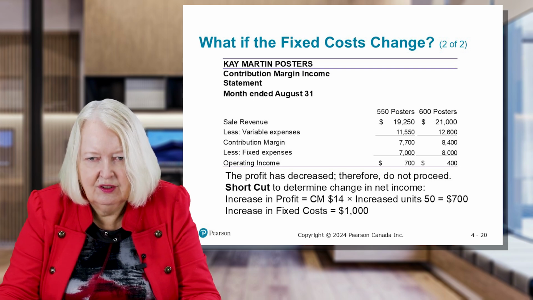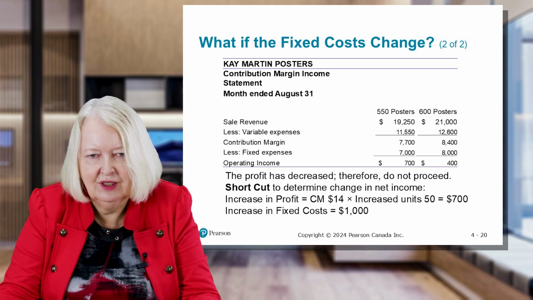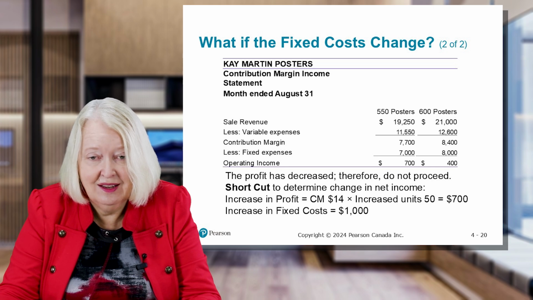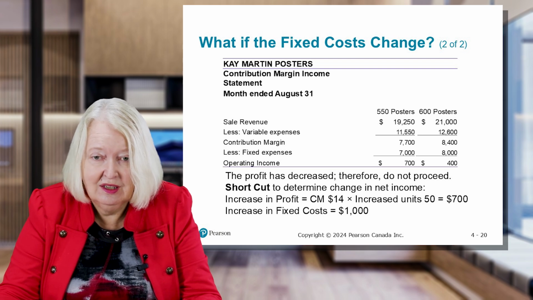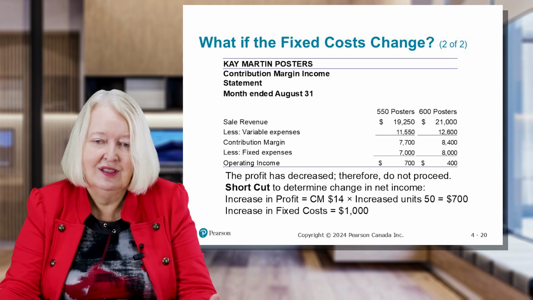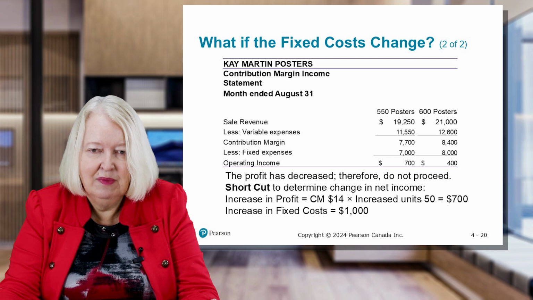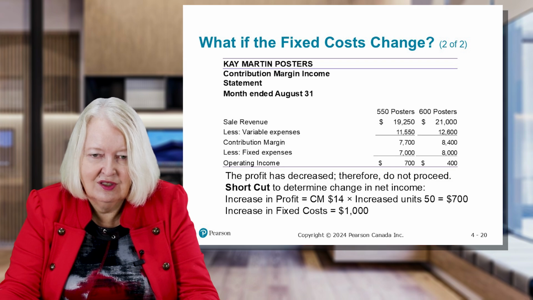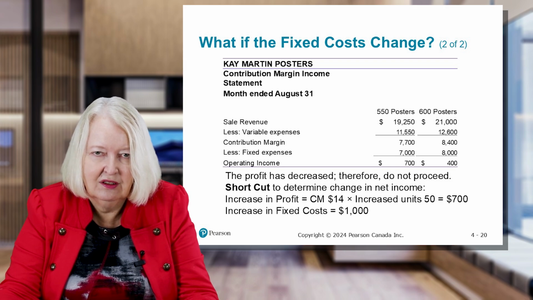It's giving her a contribution margin of $8,400. But to get that additional contribution margin and additional sales, she had to spend $8,000 instead of $7,000. So that leaves her with less operating income. In this particular situation, even though she's going to sell more posters, it's not beneficial because it's costing her $1,000 in fixed cost to get those extra sales. So in that case, of course, you would not do that.